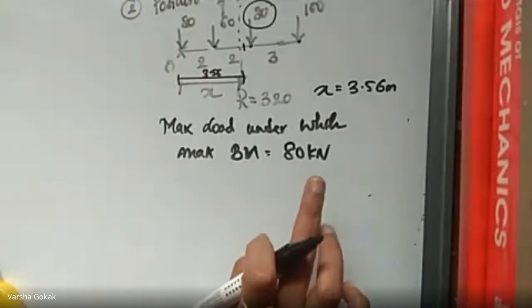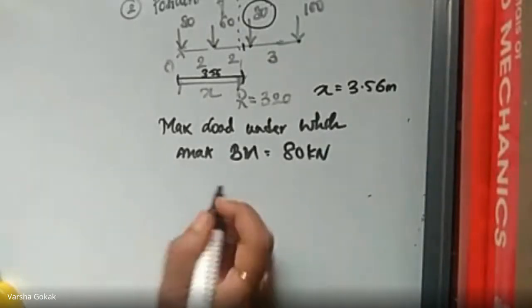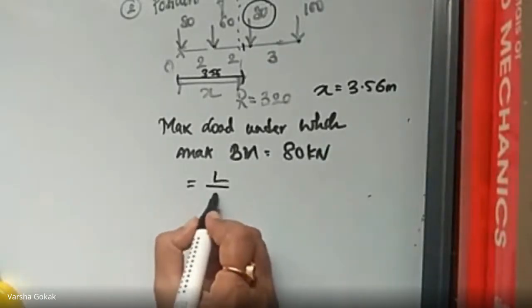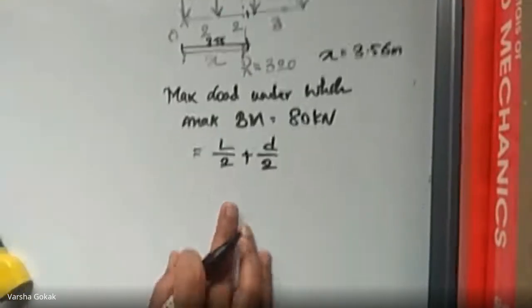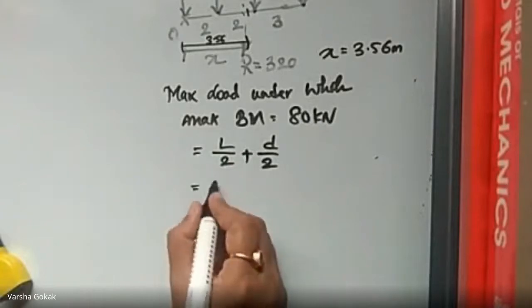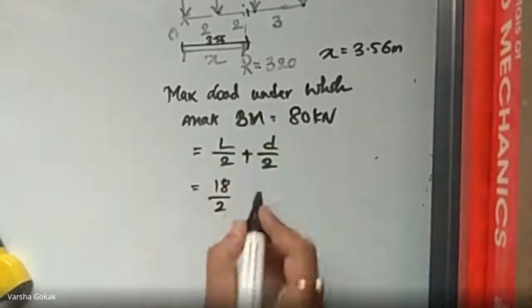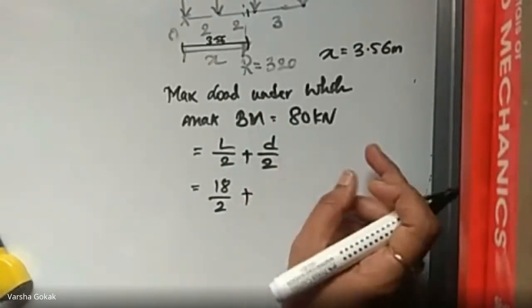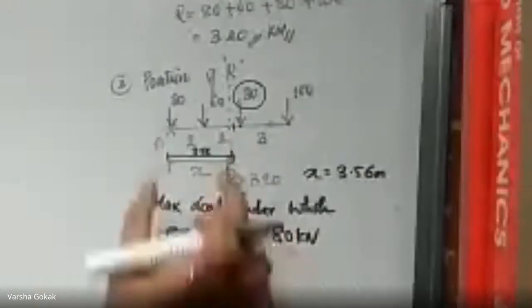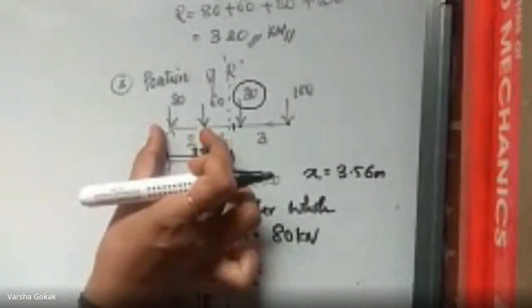Now, for maximum bending moment, we have to calculate the distance at which this load should be. You can apply a simple formula, that is L by 2 plus D by 2. I'll tell you what is L and what is D. L is your overall span, L is 18 in our case. Now D is, if I calculate from here to here, 3.56 in total. From this I will remove this distance, that is 2.